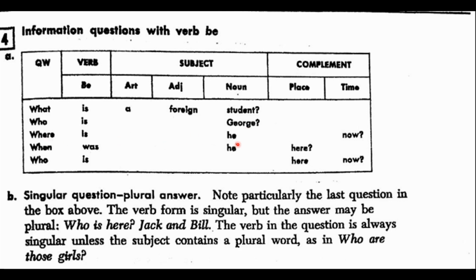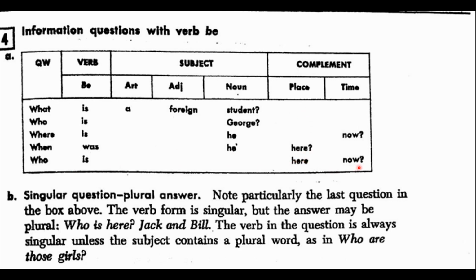Where is he now? Where is the question word, followed by the verb be, and the noun as the subject, and now, which is a part of the time complement. When was he here? When refers to time, followed by the auxiliary was, and the noun he, then here, which refers to place.